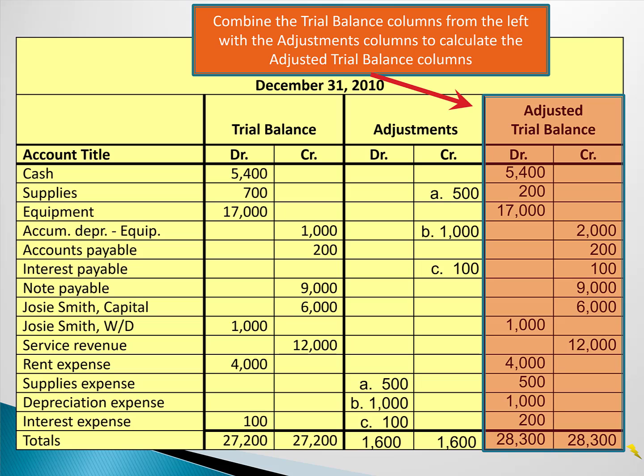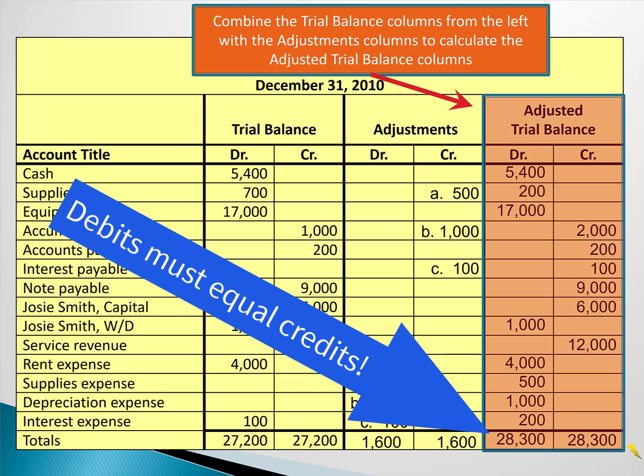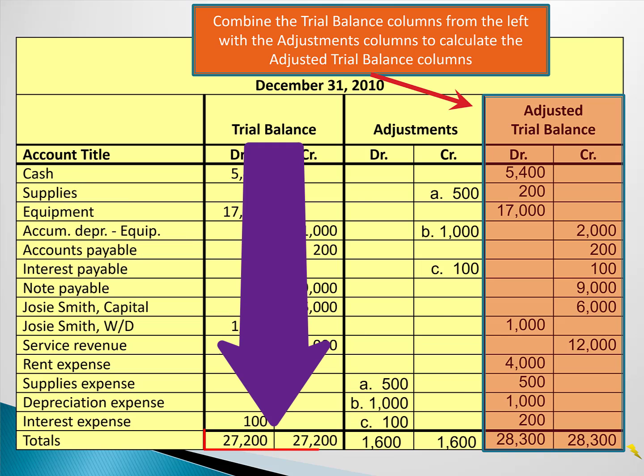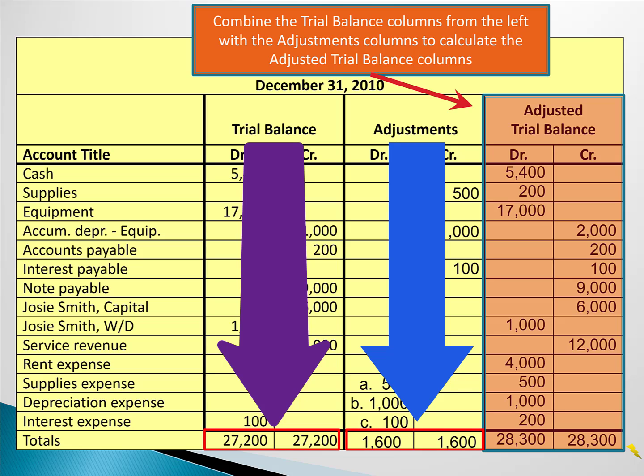So what some students do to calculate the 28,300 is they think that they can take the 27,200, add 1,600, and then they find out that no, that does not equal 28,300. So this is a common question by students. Why can't we just take the 27,200, add the 1,600 to get the 28,300?